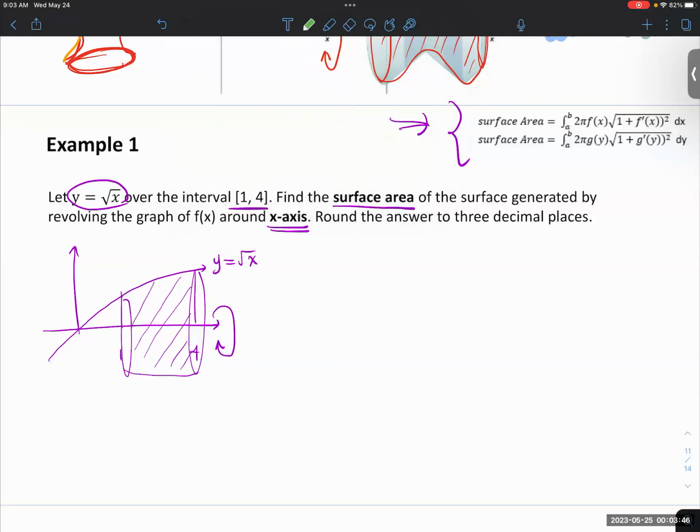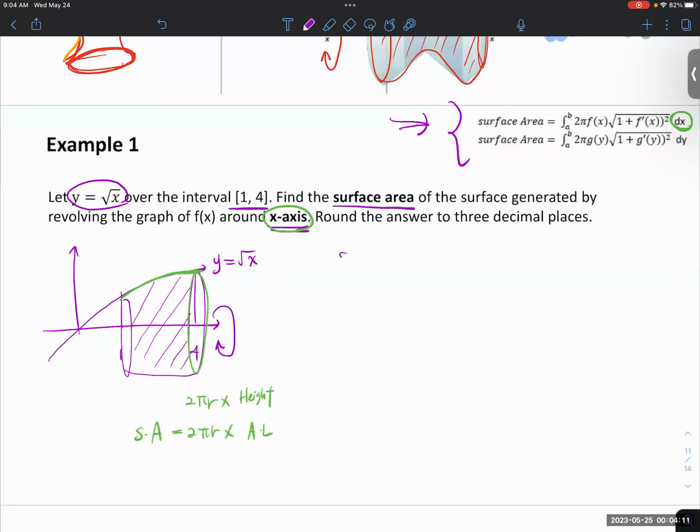So what do you guys think? You're going to find 2 pi r, the circumference, times the height, which means 2 pi r times the arc length, so that you can find the surface area. The formula is given, and this is about the x-axis, so you're going to take the integral with respect to the x variable.